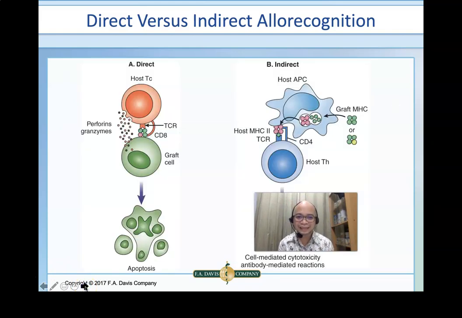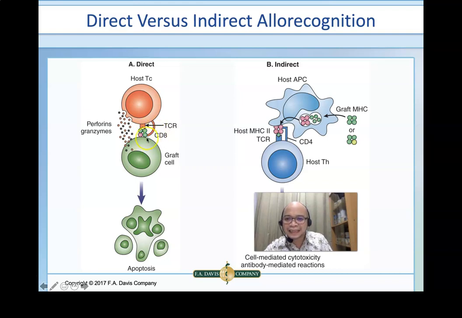So as you can see here, the host cytotoxic T cell, and this is the graft cell. This is the cell coming from your donor. Your CD8 will eventually bind with the T cell receptor, the TCR.